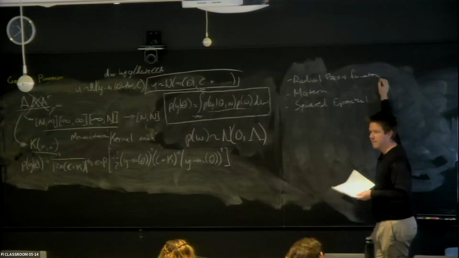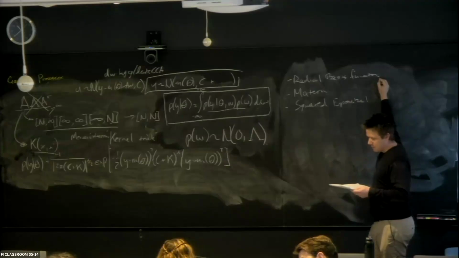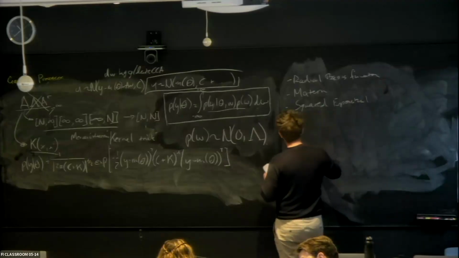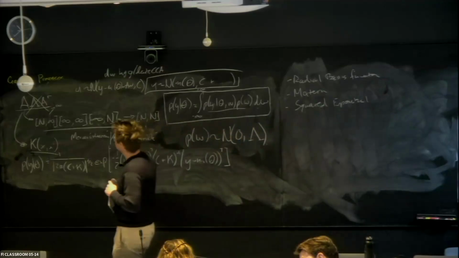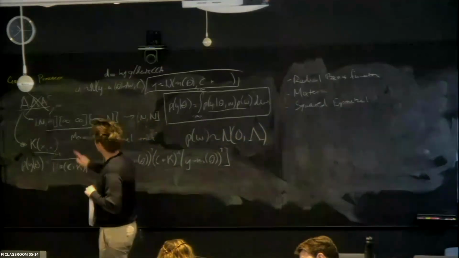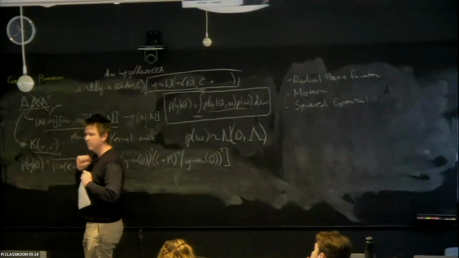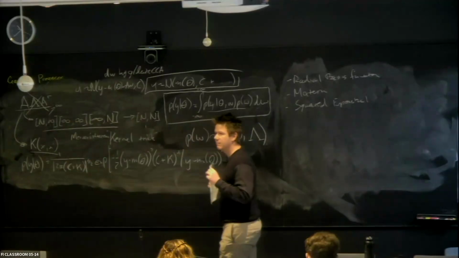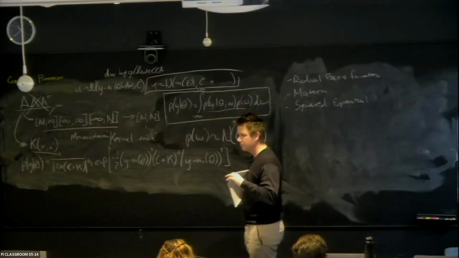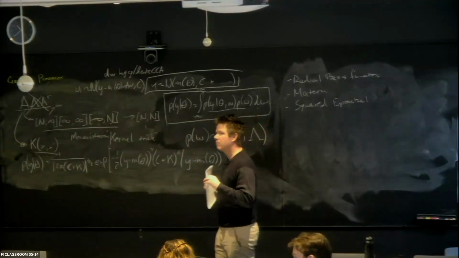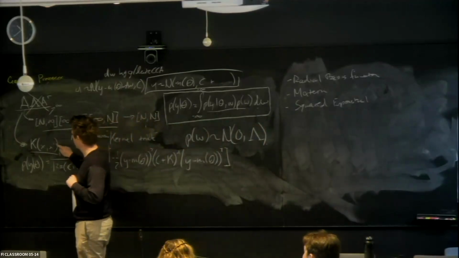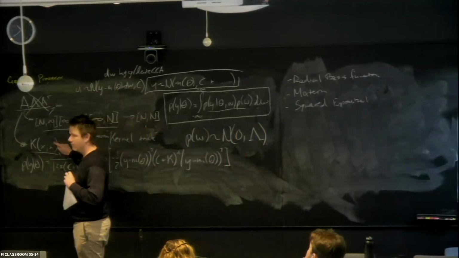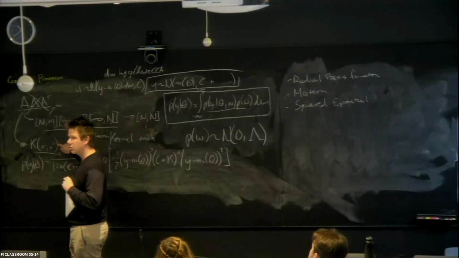So when you rewrote A lambda A transpose, A depends on your weighted variables that are physical, but we don't know what they are. And K depends on the structure of your data. The second part of that is true. K depends on the structure of the data.